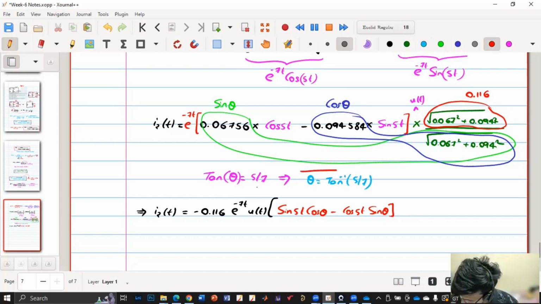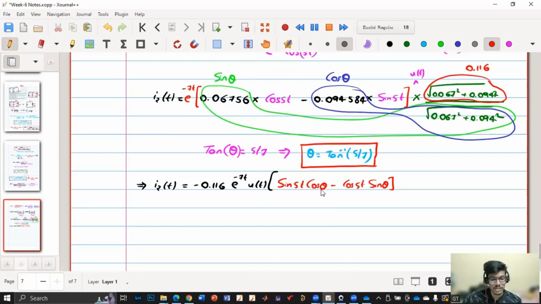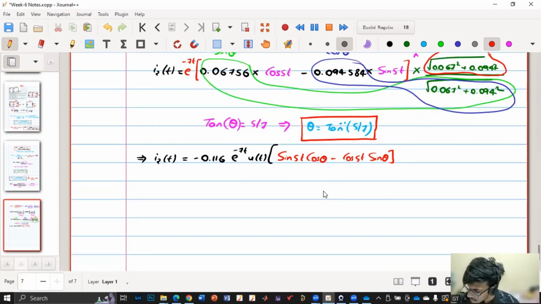Okay. So we have transformed this expression into sine of a minus b. Now we can rewrite this expression as I2 of t is equals to 0.116 into e to the power minus 7t u of t sine pi plus 5t minus theta.